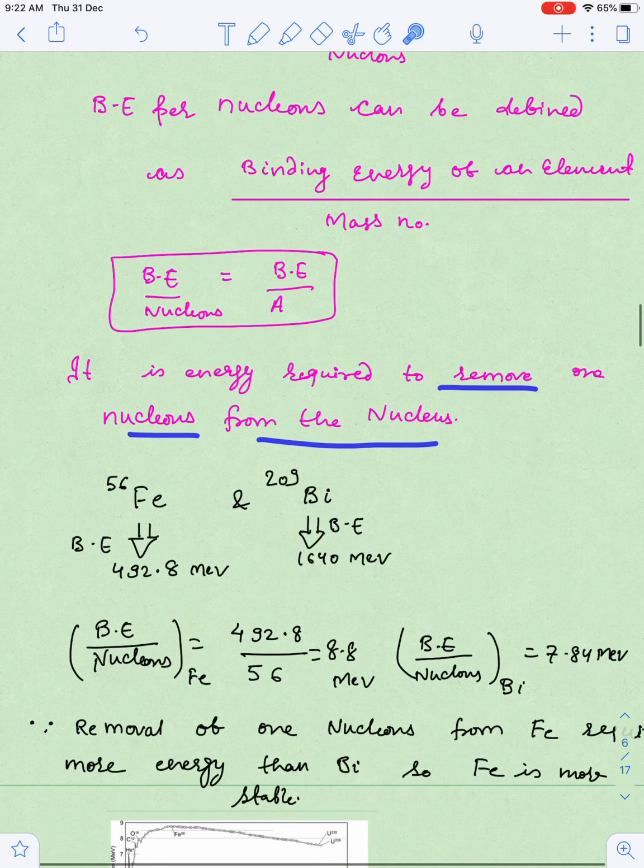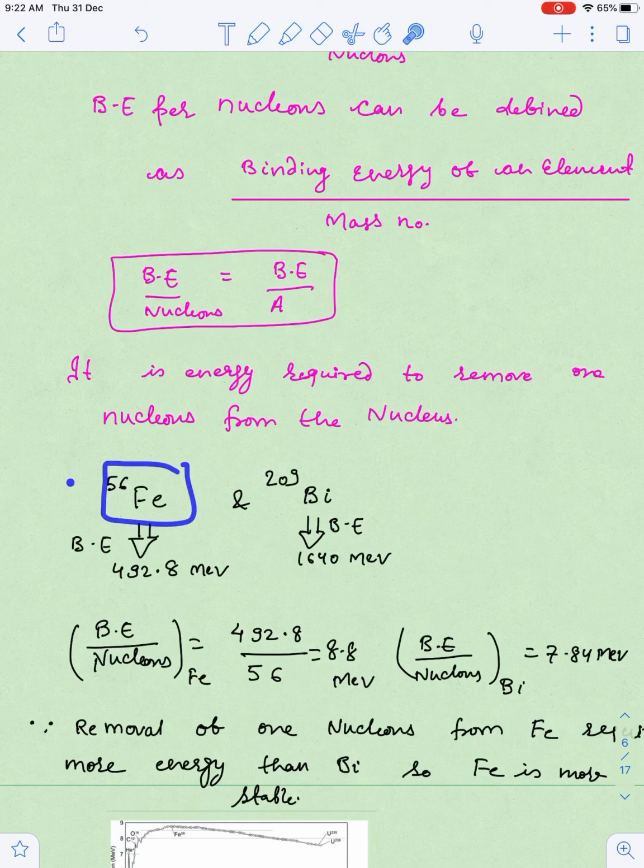Now I will calculate binding energy per nucleon. For Fe, the mass number is 56 and binding energy is 492.8. So 492.8 divided by 56 comes to 8.8 million electron volt. For bismuth, it is 1640 divided by 209, which is 7.84.